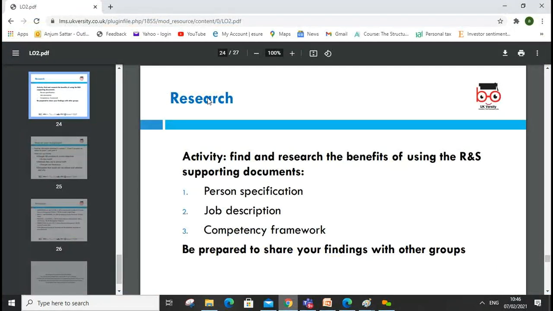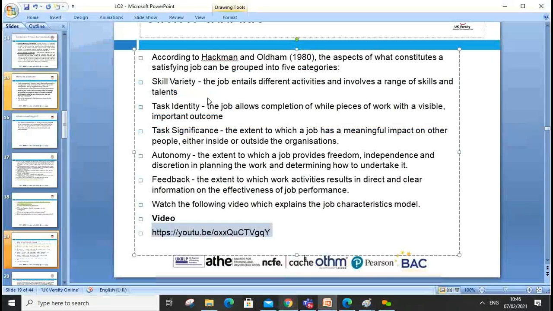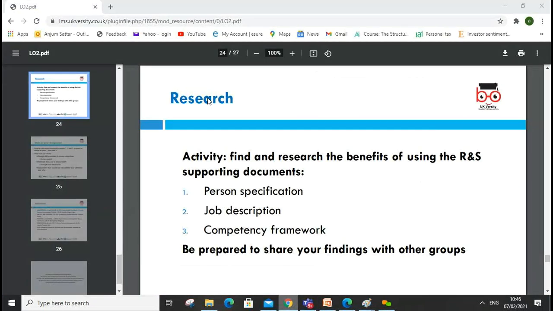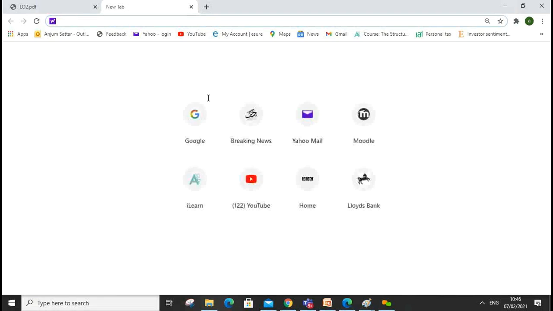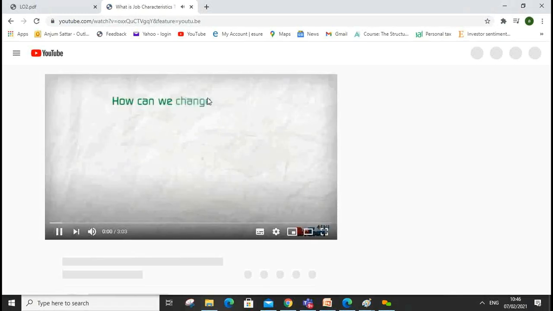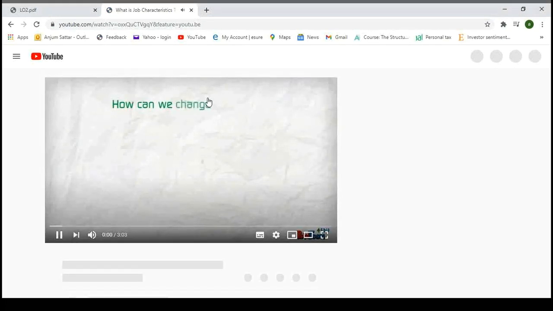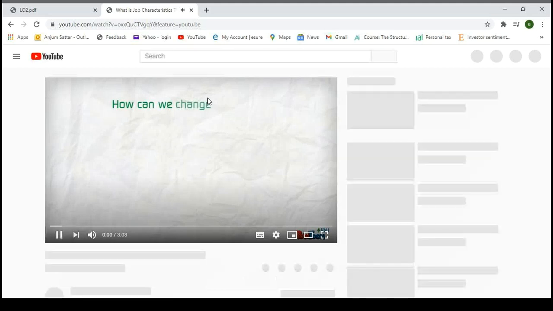Otherwise, we are not going to achieve what we are supposed to achieve. So what you can do, please, is copy these links and change what you do to make your job more motivating and to also improve your job satisfaction.